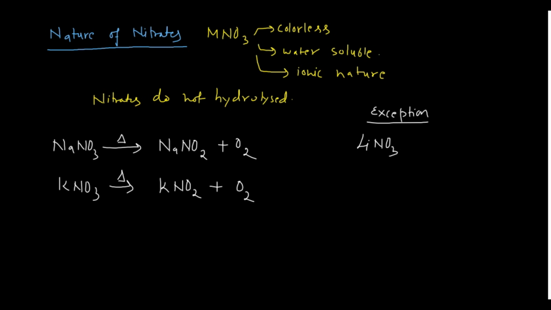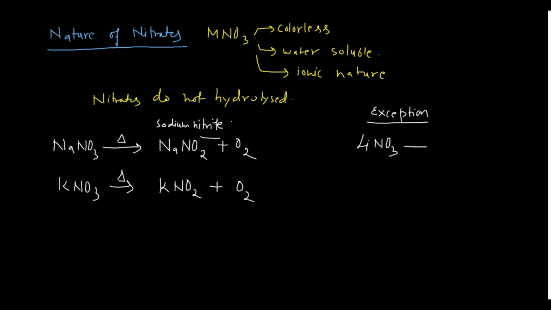So whether you take sodium, potassium, rubidium or cesium nitrate, they decompose to give you the nitrites. So basically it is sodium nitrite. Okay, the spelling is nitrite because it is NO2 negative. Don't write nitride, it is nitrite. Okay, while lithium nitrate is the exception.